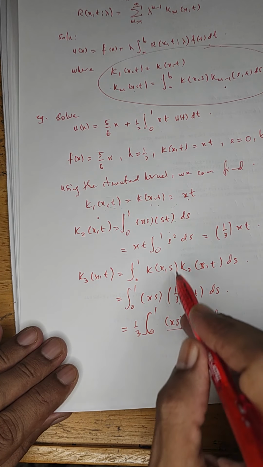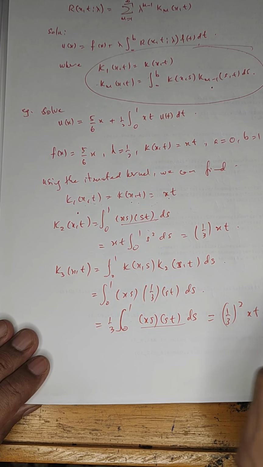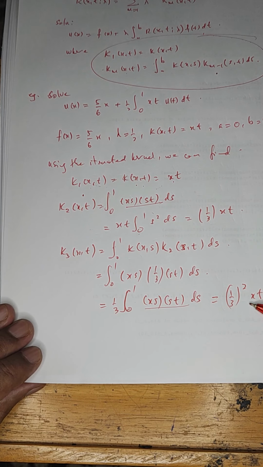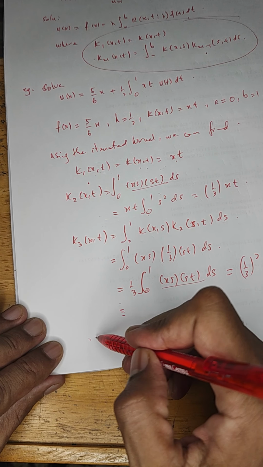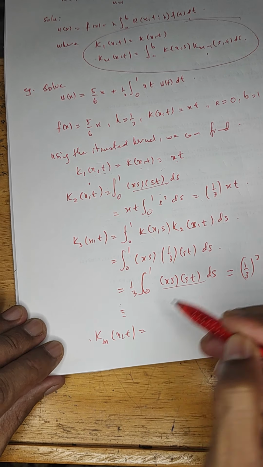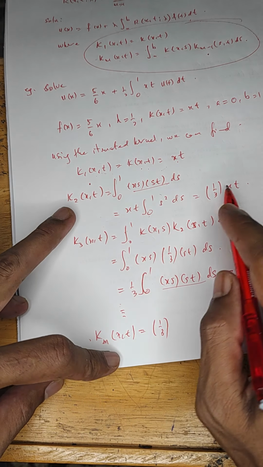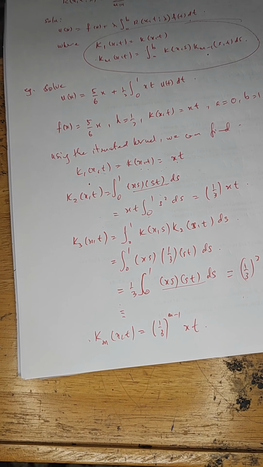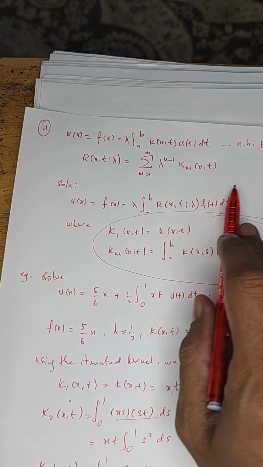This is the same as the previous case, so that will give you (1/3)^2 xt. So if we proceed like this up to m iterations, we have the general form: K_m(x,t) is (1/3)^(m-1) xt.